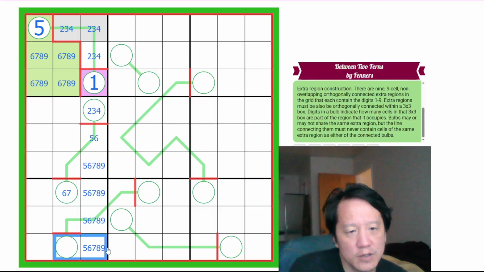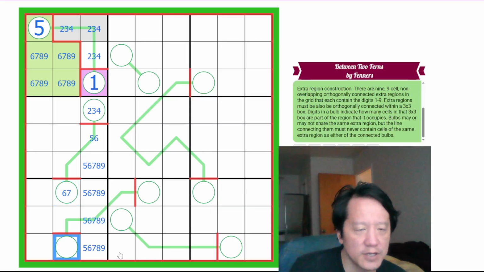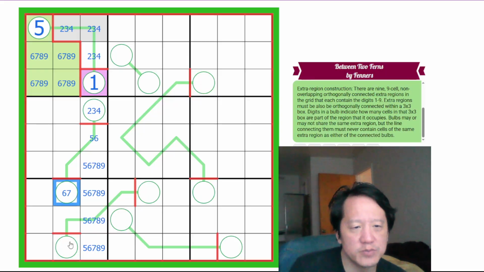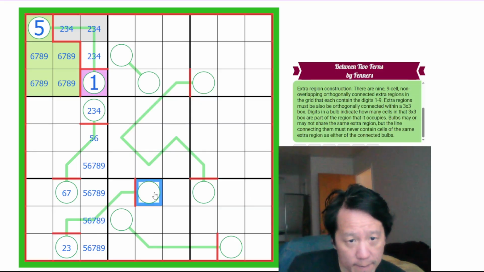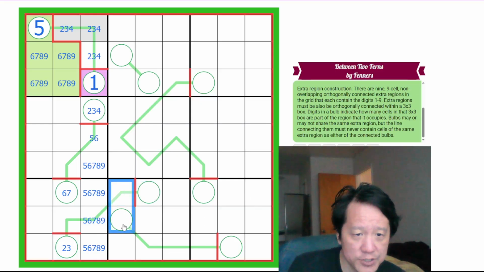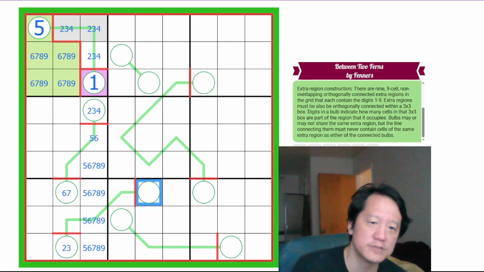This can be at most 5 digits. But this is 6 or 7. It cannot be the same region as that. So this must be 2 or 3 at most. This cannot be same region as both of these, so this could be up to 7.